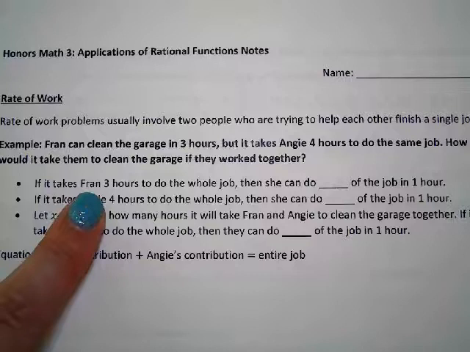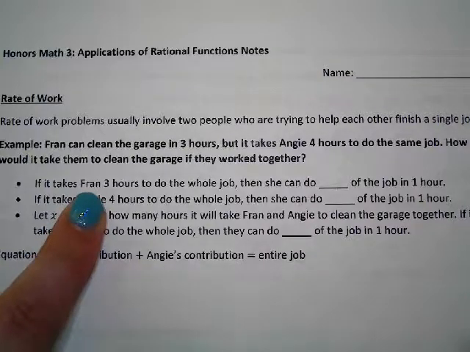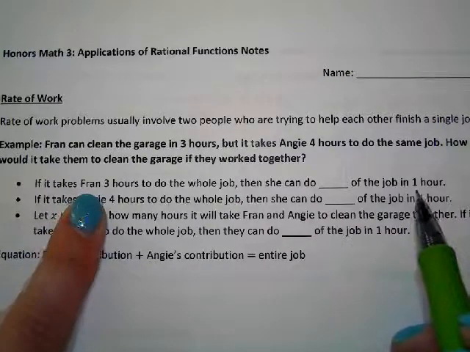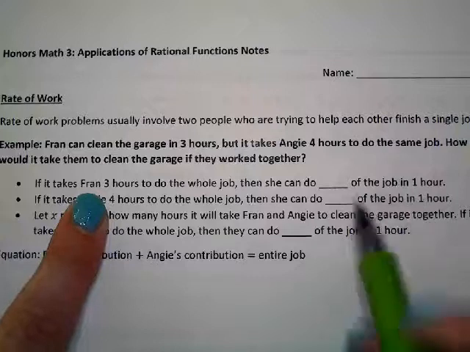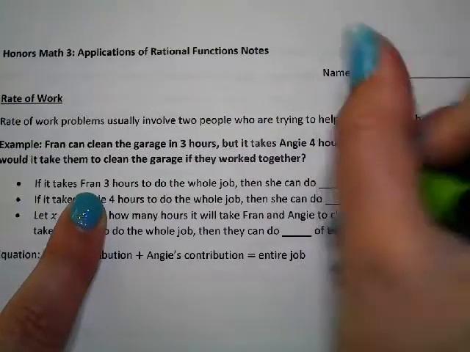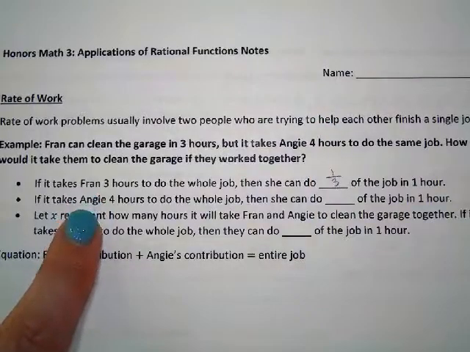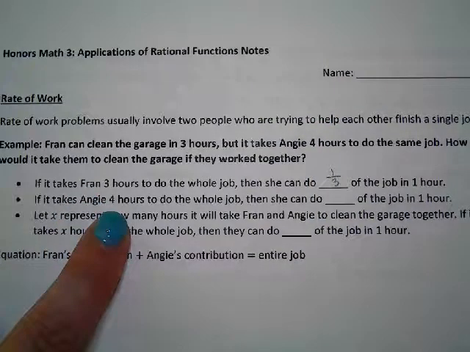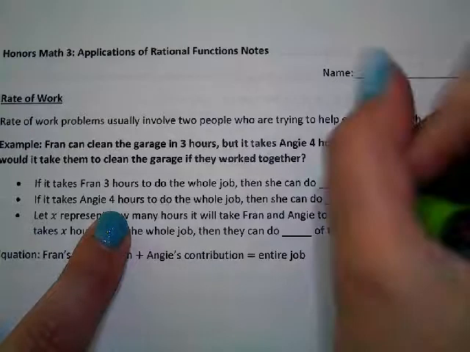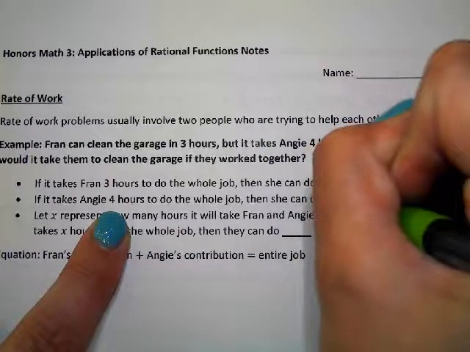If it takes Fran 3 hours to do the whole job, then that means that in 1 hour, she would be able to do 1/3 of the job. If it takes Angie 4 hours to do the whole job, then in 1 hour, she could do 1/4 of the job.